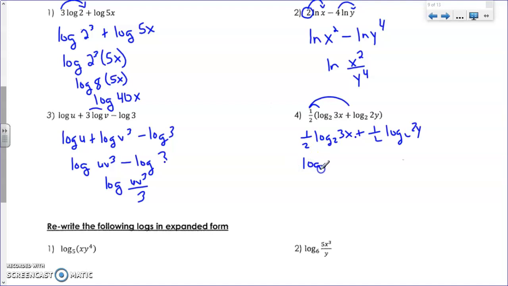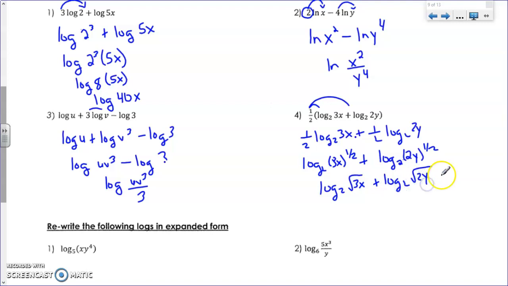So we're going to have log base 2 of 3x to the 1/2, plus log base 2 of 2y to the 1/2. Now, if you remember from exponent rules, 1/2 means square root. Very good. Yay, you remembered. So that would be log base 2 of the square root of 3x plus log base 2 of the square root of 2y.